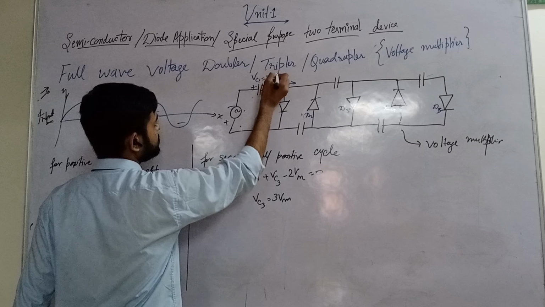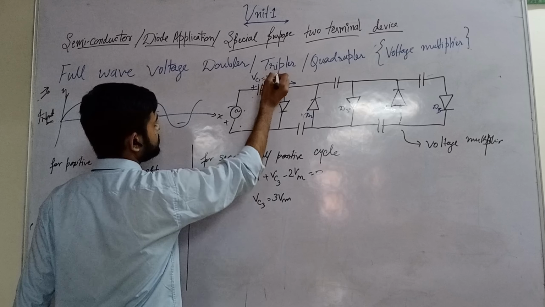This is 2Vm. On the second half, positive cycle on this. Now change the sign. Positive, negative. They are working that way. On that, minus Vm plus Vc3 minus 2Vm is equal to 0. On this condition, Vc3 is equal to 3Vm. Similarly, Vc4 is equal to 4Vm and Vc5 is equal to 5Vm.